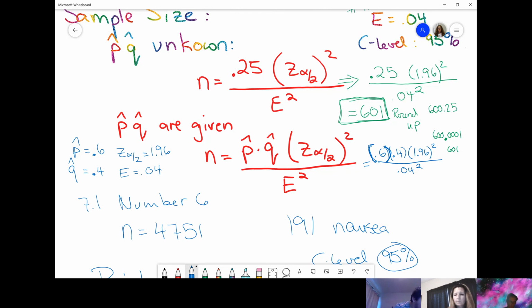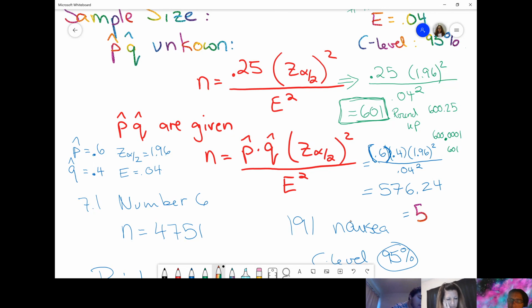I just type in 0.6 times 0.4 times 1.96 squared divided by 0.04 squared. I get 576.24. I did too. Now, what do you enter? We have to round up to 577.